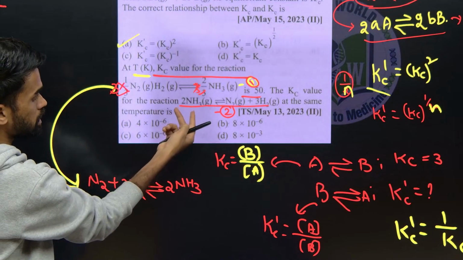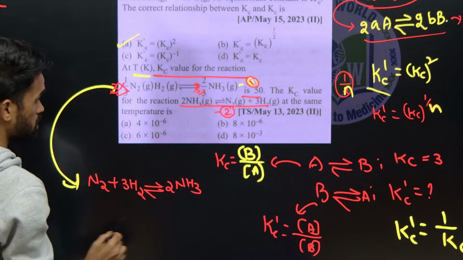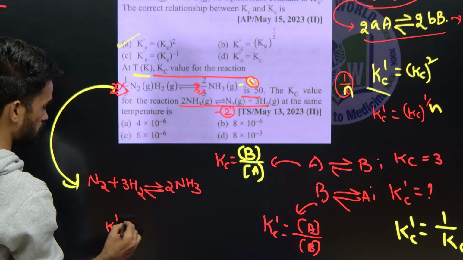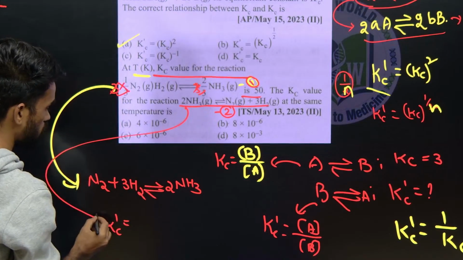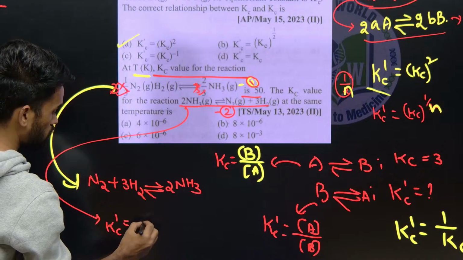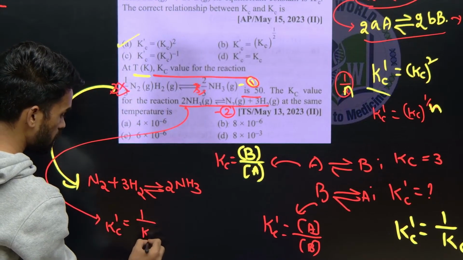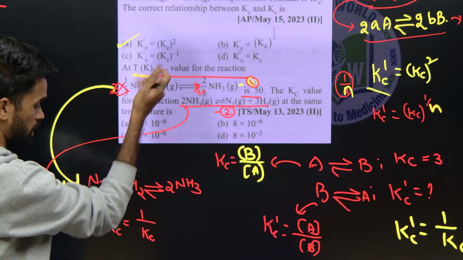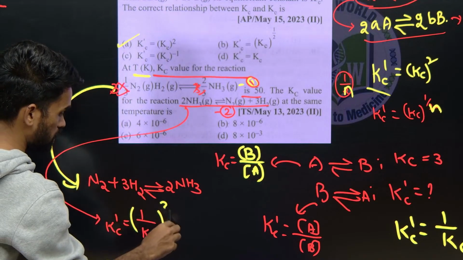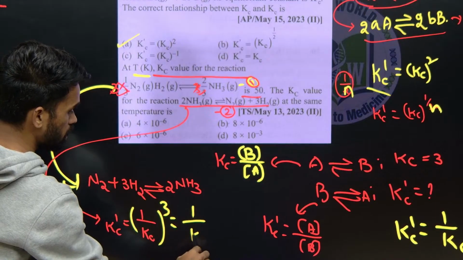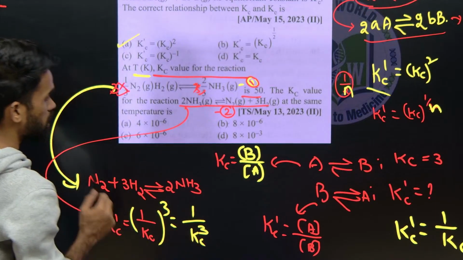But here it is the reverse of this. It means our new Kc dash for this reaction will be equal to, since the reaction is inverse, 1 by Kc, and multiplied with the number 3, so you just take power 3, that's it. So 1 by Kc cube is our Kc dash.